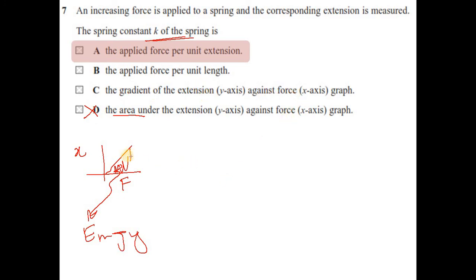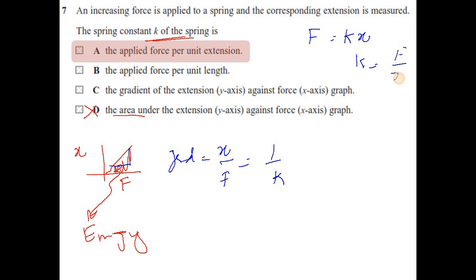If you find the gradient of this line, with extension on the y-axis and force on the x-axis, I'm talking about C, then the gradient would be equal to x upon F, which is not K, it is 1 upon K. And they are asking you the definition of K. If you see the straightforward formula, F equal to Kx, then K is F upon x, force per unit extension.